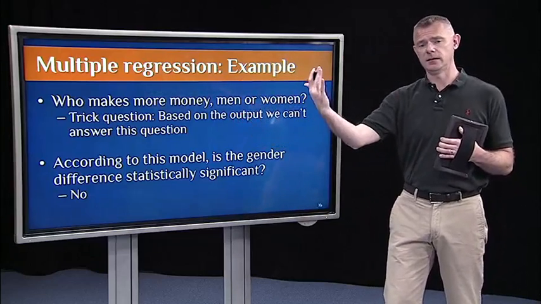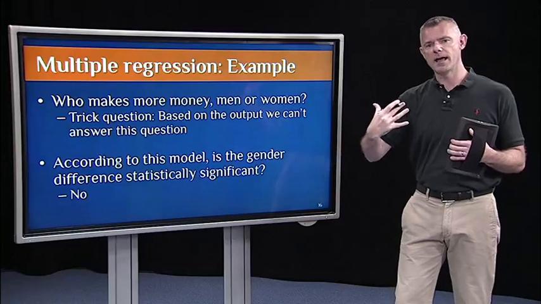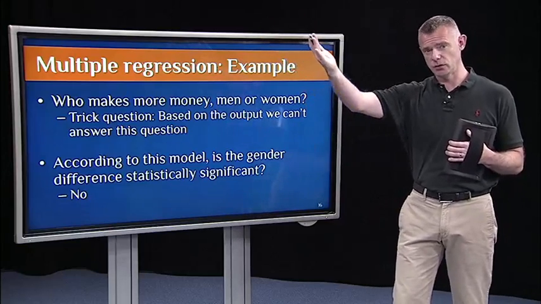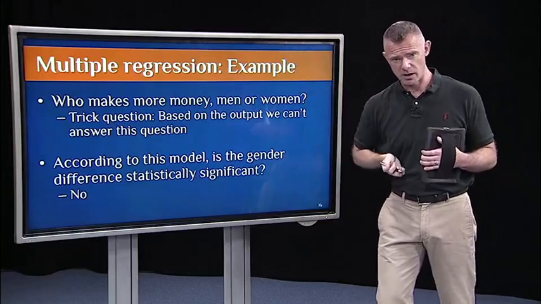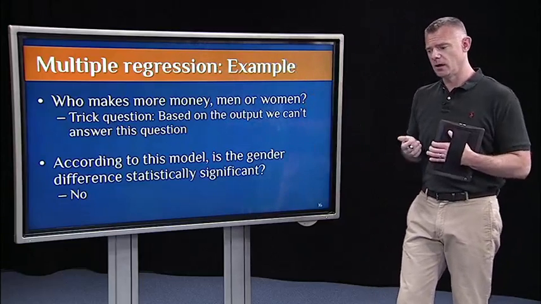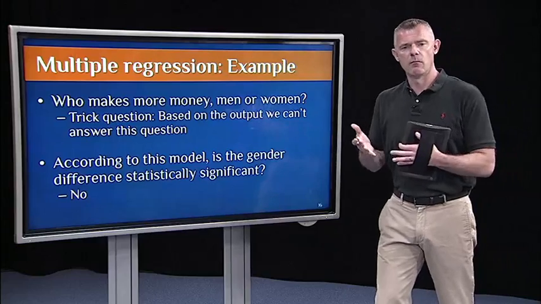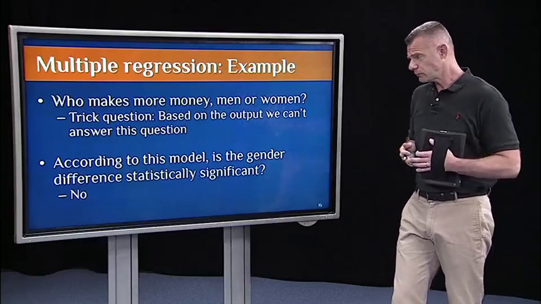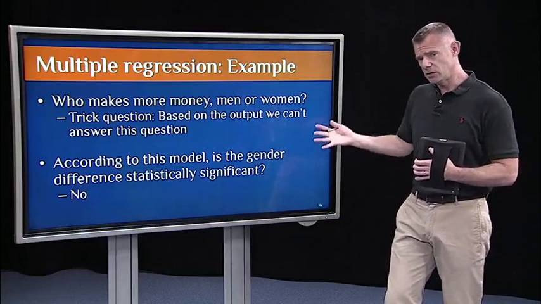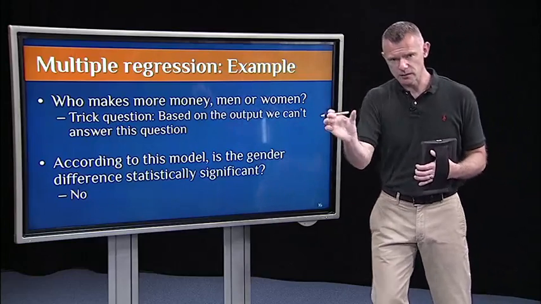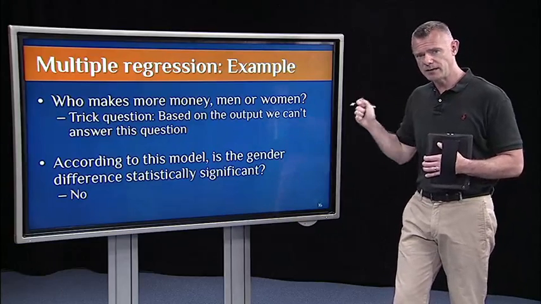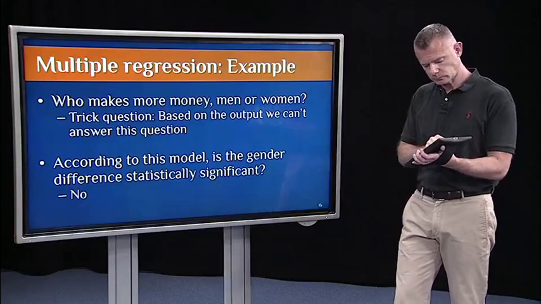It's very likely that there are more men at the higher end of the distribution in terms of years since PhD, right? Because in academia, there are more men than women, especially years ago. So if we took that variable out and just looked at the difference between men and women, it might be significant. So that's where this gets really tricky.